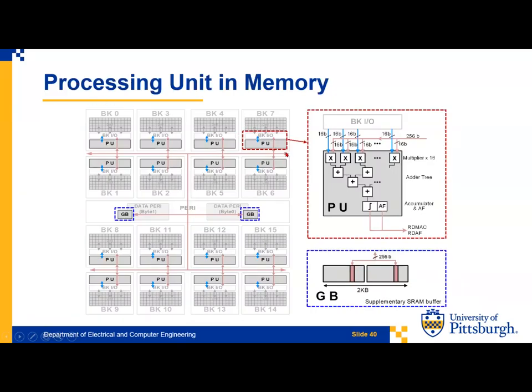So let's check the processing unit here. On the screen, you can see that inside the processing units, they have a multiplier to do the multiplication, and an adder tree to do the accumulation, and you can get the MAC result, the multiplication accumulation result.